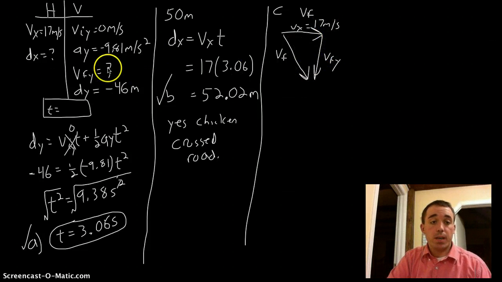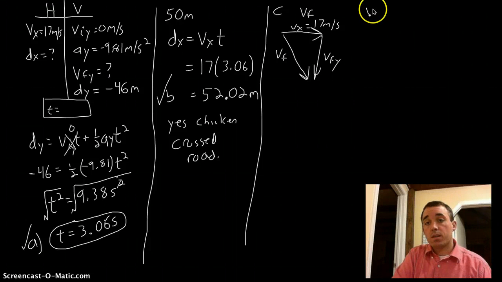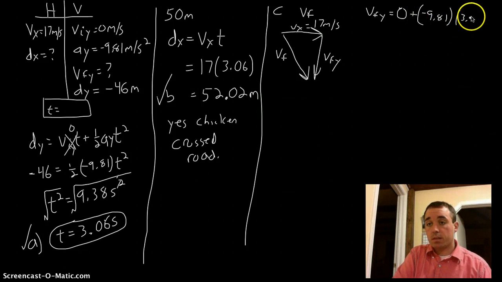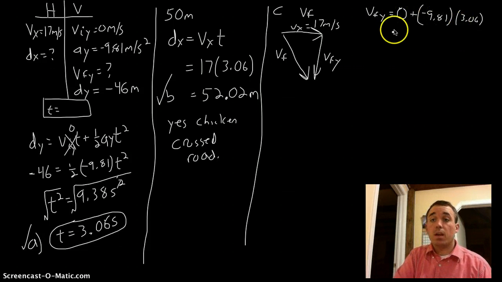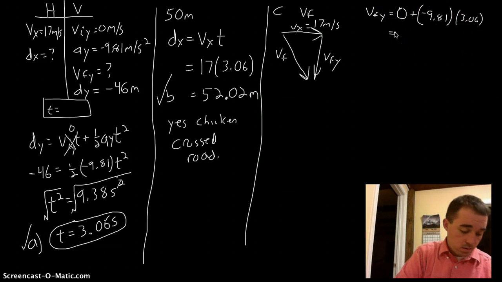VFY we don't know, but we know the time, so VFY equals 0, which is our VIY, plus negative 9.81 times our time, 3.06. Just using VF equals VI plus AT.